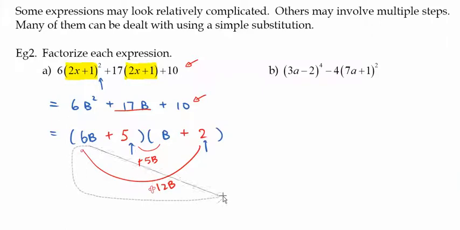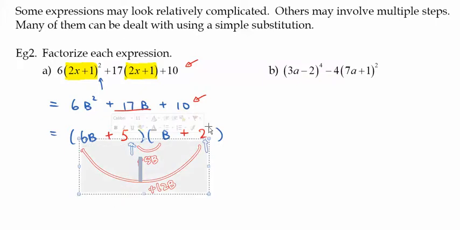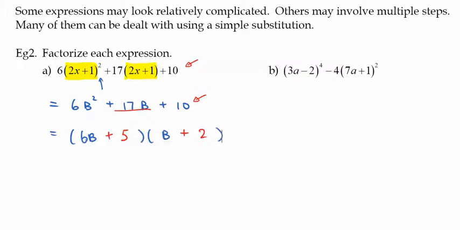Once we have factored the trinomial, I can now go back to the question and make the proper substitution back. It was 2x plus 1. We use b for 2x plus 1. We made that substitution earlier, and we want to put this substitution back into the question.